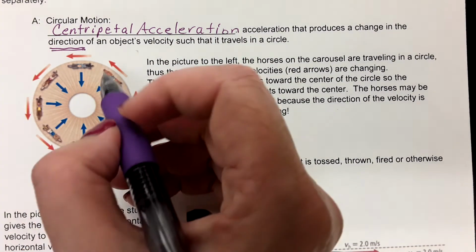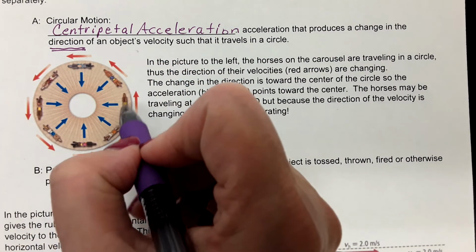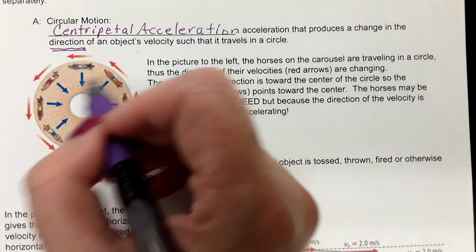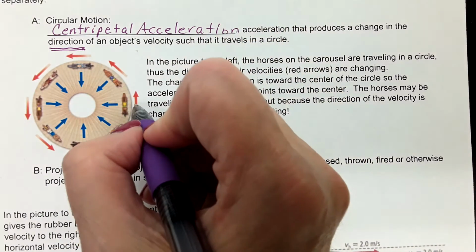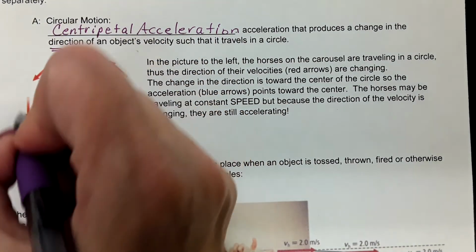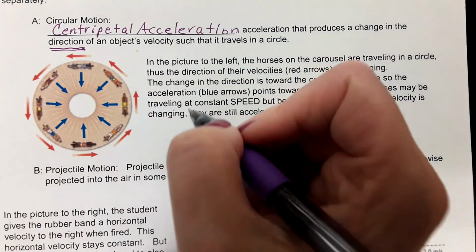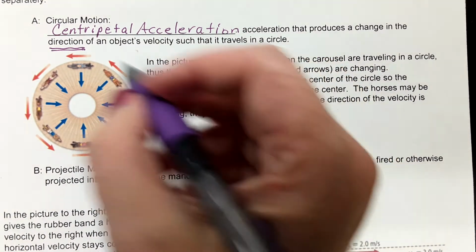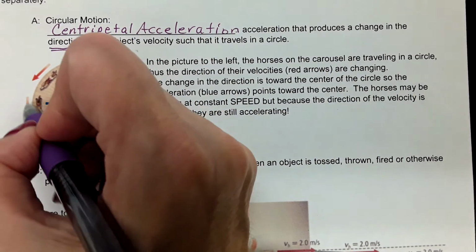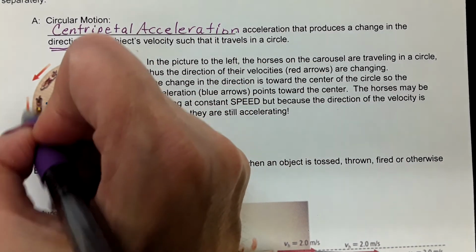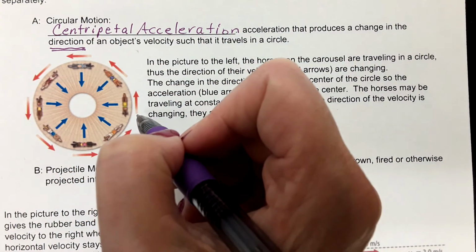All right? So here we have a carousel, and these are the little horses that are going around on the carousel. Notice the velocity is always tangent to the circle, because remember, an arrow is a straight line. So it's always tangent, and it points a different direction every point in time.